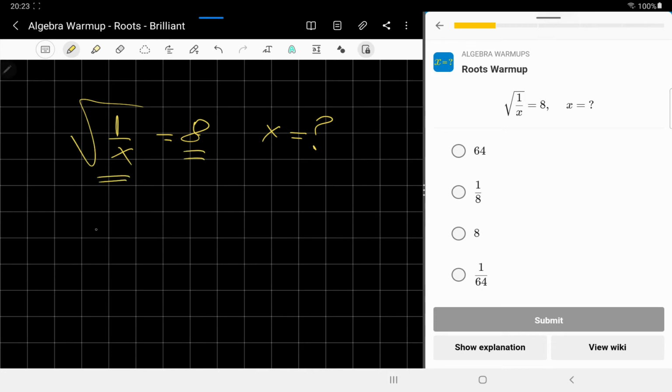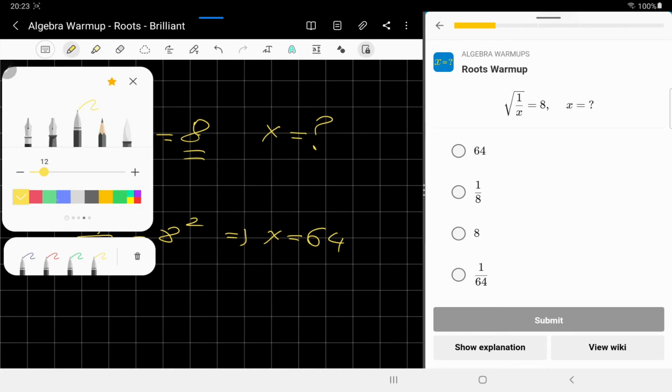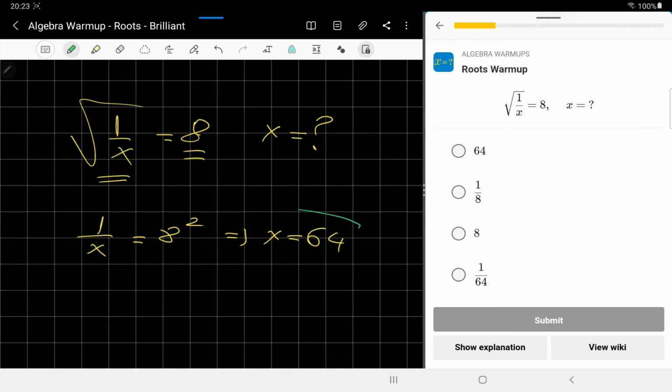In this case, we'll have 1 over x equals 8 squared. Therefore, x equals 64, if I am correct.